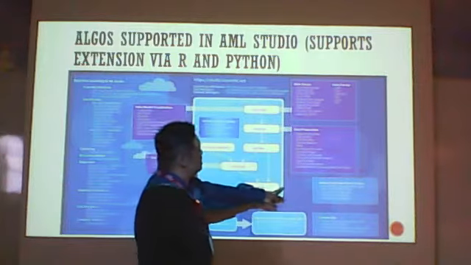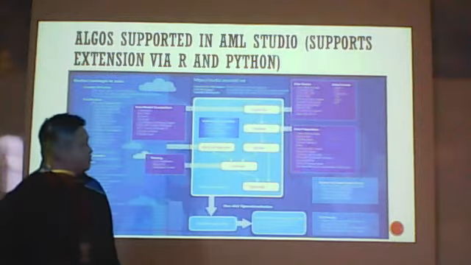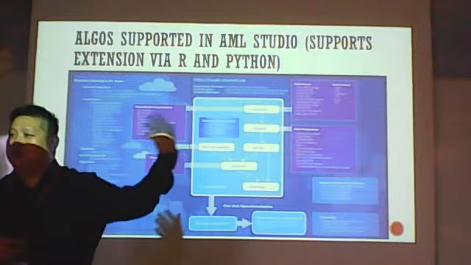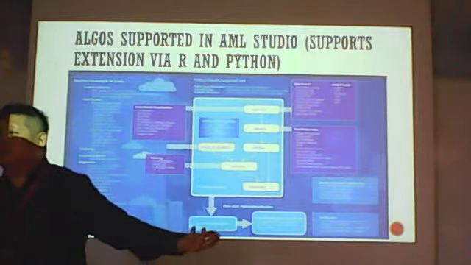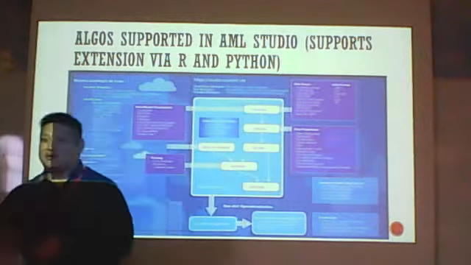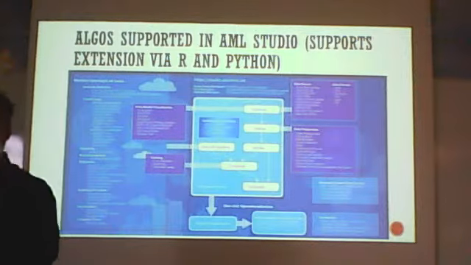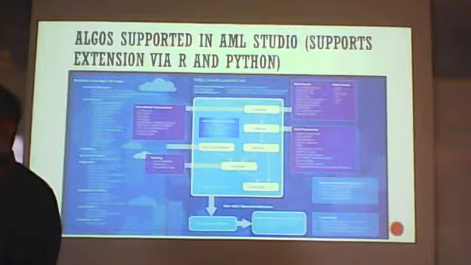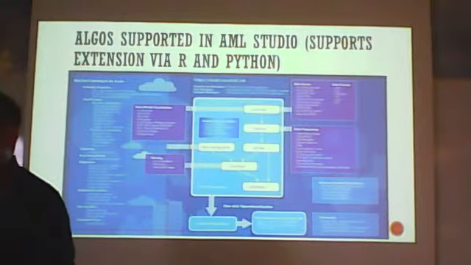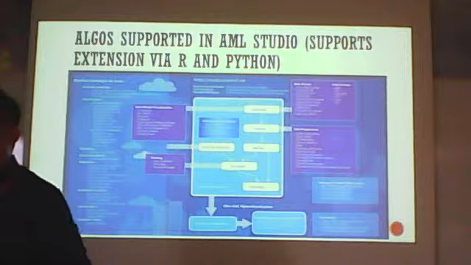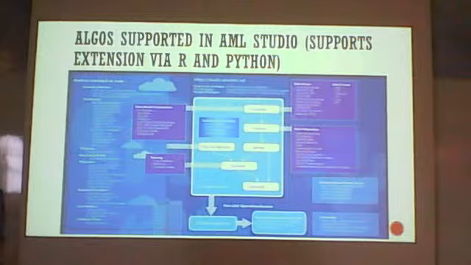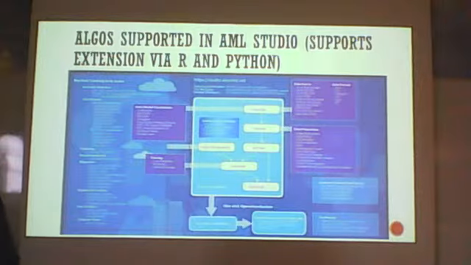All right. And what else? What are the data sources that you can take in? Because it's a cloud platform, right? They do allow you to upload data, but they're very happy if you store it on their own cloud storage as well. Yeah, so it works both ways. And format, for my WEKA-using friends, it will take in ARFF files. Yeah, it will also output as ARFF. So if you want to compare, for example, what is output between one family of classifiers on Azure and the results that you're going to get if you run it offline on WEKA, you could do that.